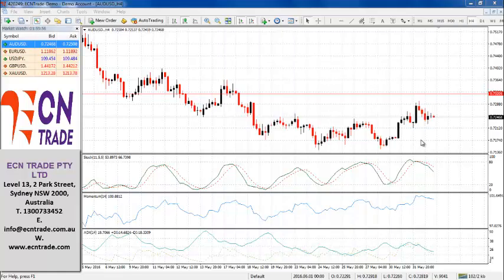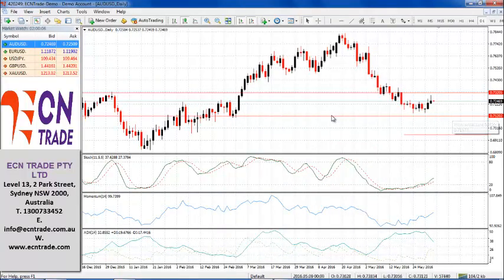A break of this level would expose the objective that I'm still holding to 71.20 to 35, and it is only seen from here that if we do get a break, as you can see from this level, it exposes the next target, which is at 69.60, with the support in the middle at 70.25.